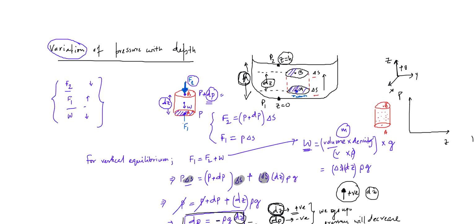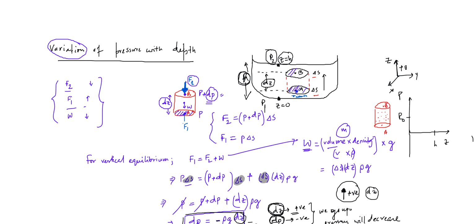At Z equal to H, the pressure is the minimum, which is P0.